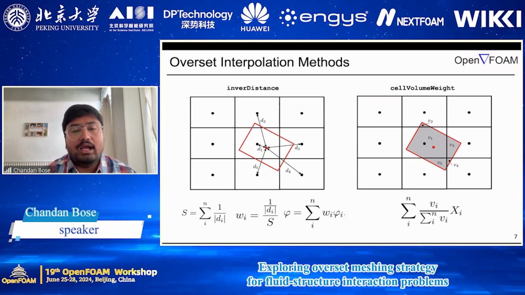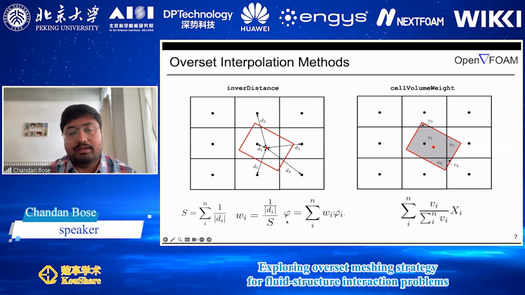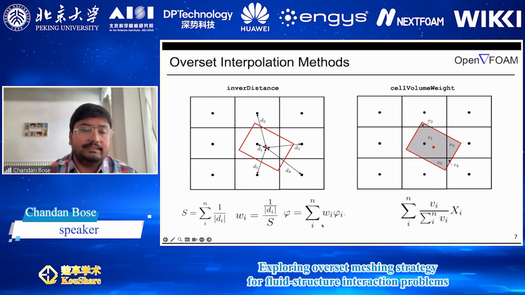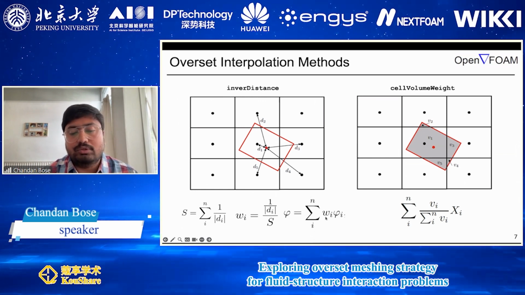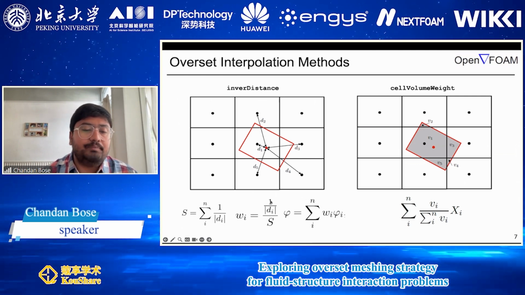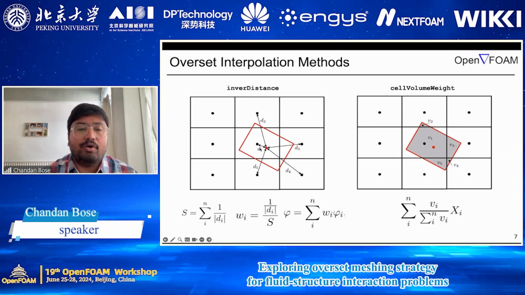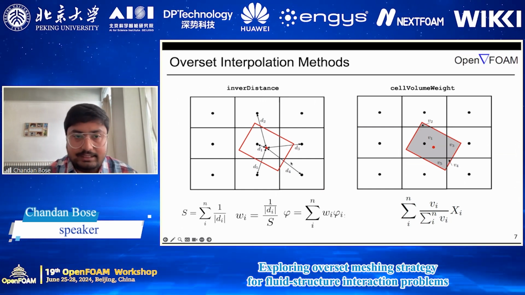The way we calculate the weights to define any scalar or variable, let's say phi, is the summation over i, the stencil cells, from i equal to 1 to n, of the weight w_i times phi_i. And this w_i is proportional to the inverse of the distance from the concerned point to the cell centers of the neighboring stencil cells.